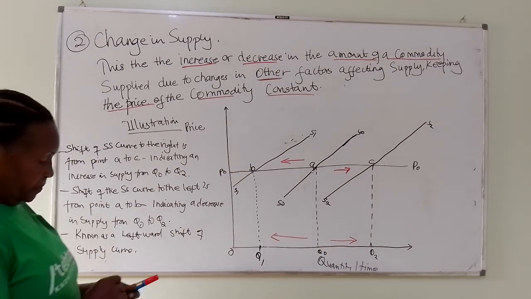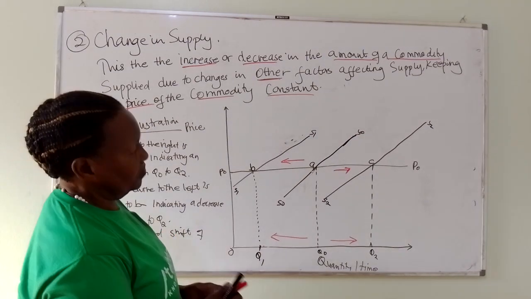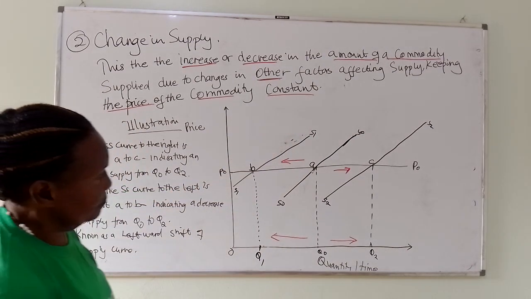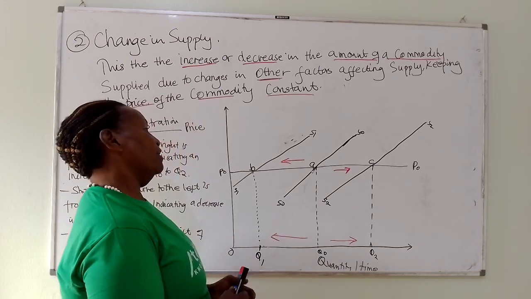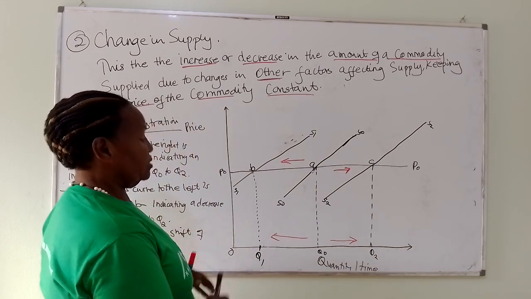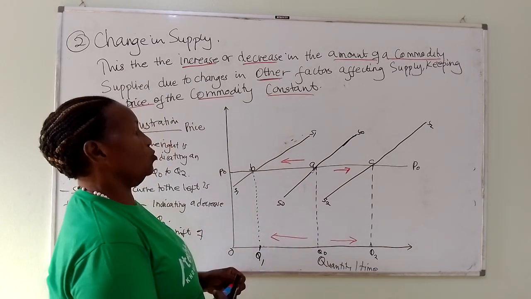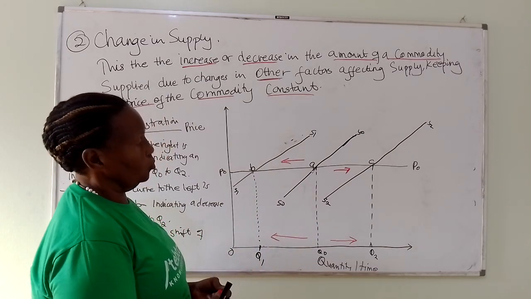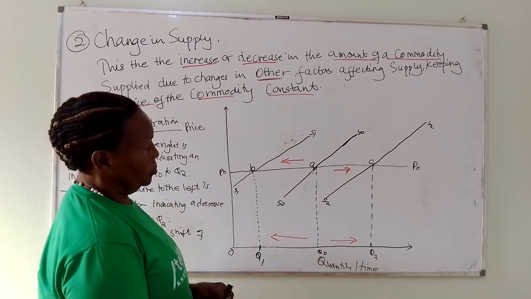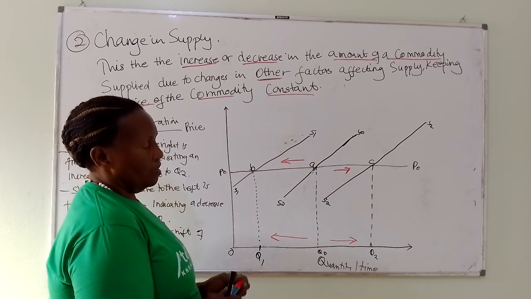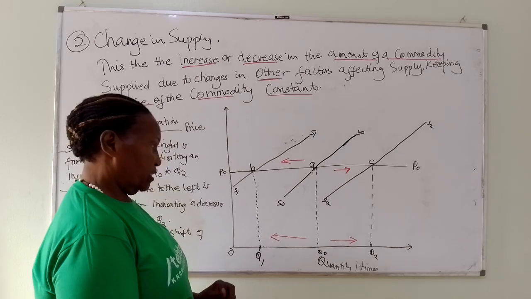So we get a completely new supply curve, other than moving along the same supply curve as we saw with change in quantity supplied. Here, whenever we get an increase in supply or a decrease in supply, we construct a completely new supply curve for that new quantity generated because of either the favorable factor or the unfavorable factor.